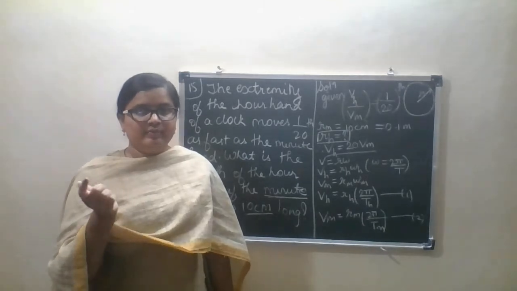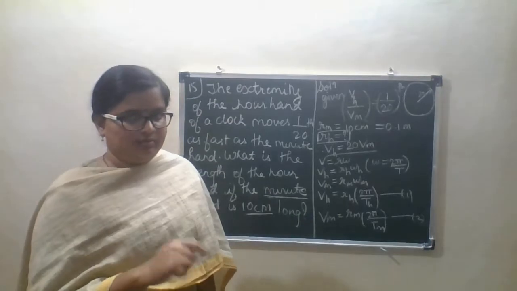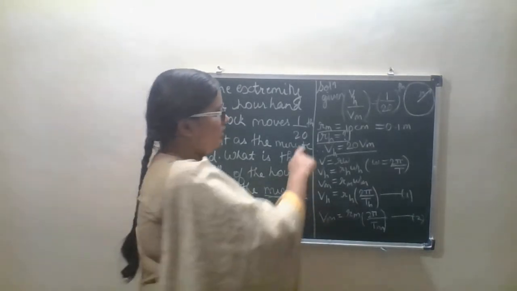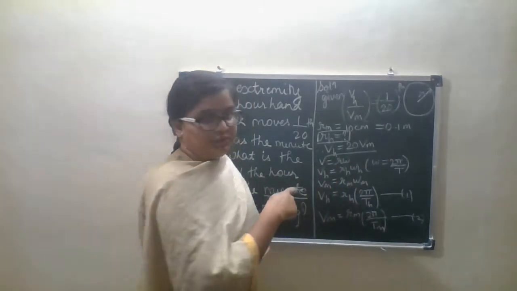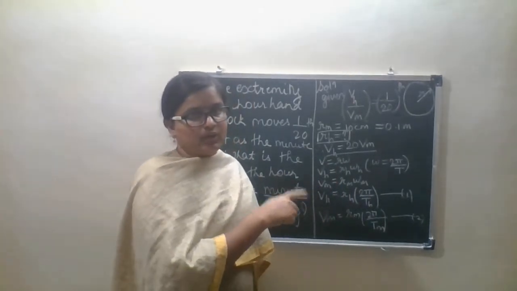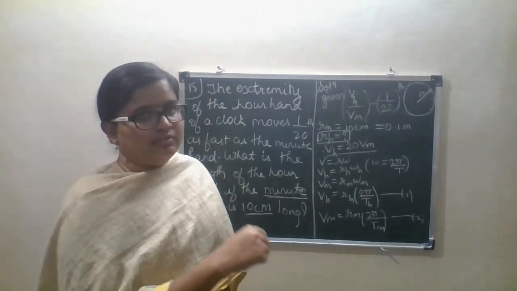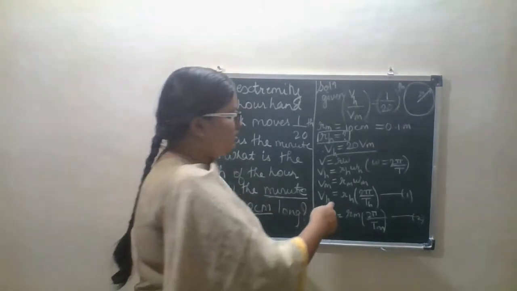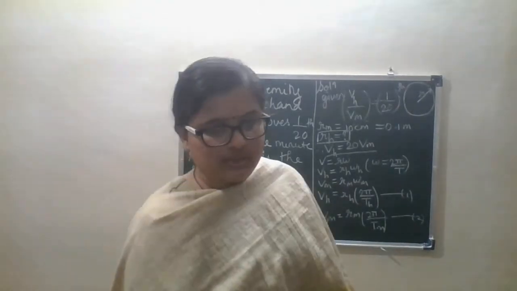We have taken v equal to r omega for the minute hand and hour hand both, numbering them 1 and 2, and then we will see further.